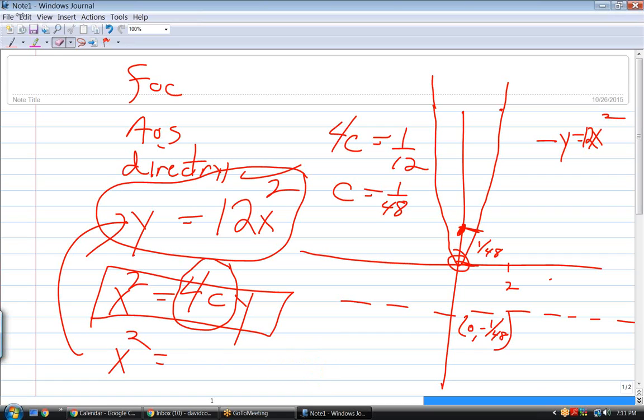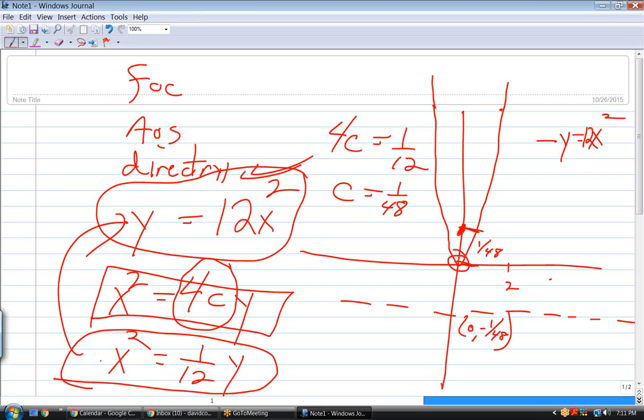X squared is equal to 1/12 y. Why? Because you told me that y was equal to 12x squared. So if I solve what I have circled here for x squared, I get 1/12 y. Now we have it in exactly the format we need it in. So then where's the 4? Oh, we divided it. Never mind.